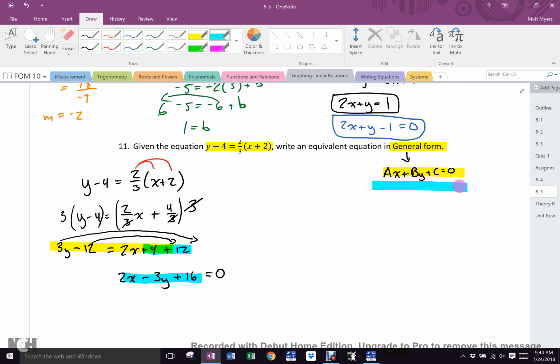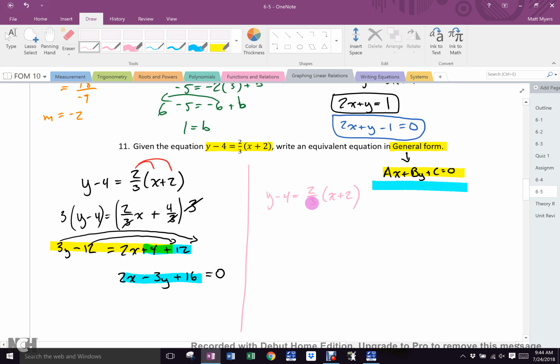Now, can I offer you a shortcut? Because not very many of you were comfortable distributing a fraction. Right? A lot of you were not comfortable with that. So watch what you can do. I'm going to work this in pink. It's going to get me the same answer. Y minus 4 equals 2/3 x plus 2.